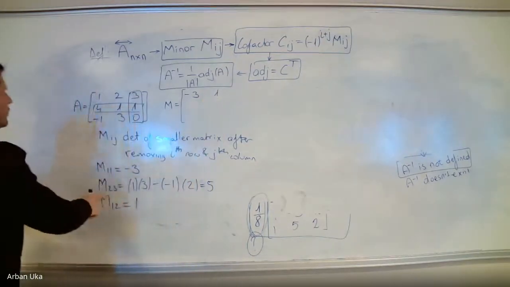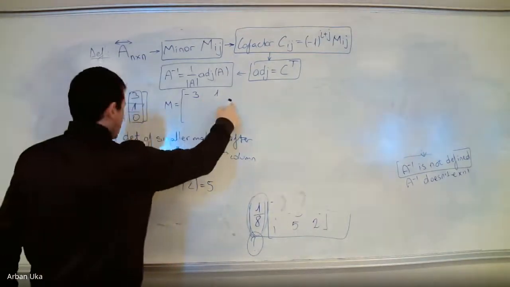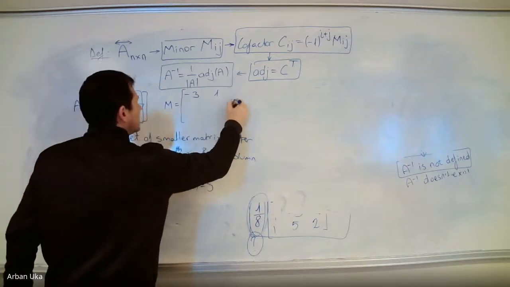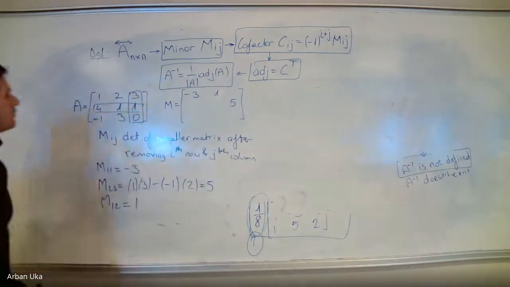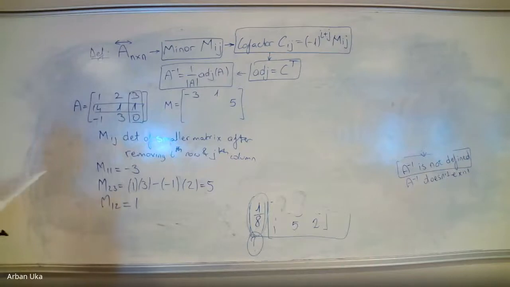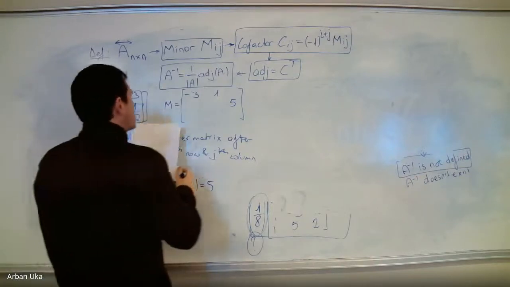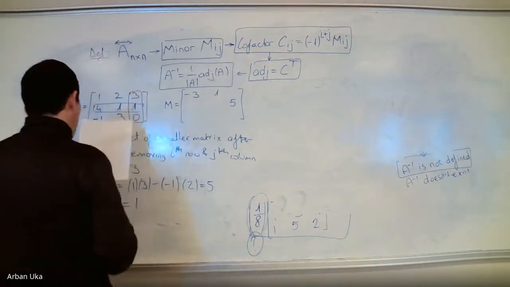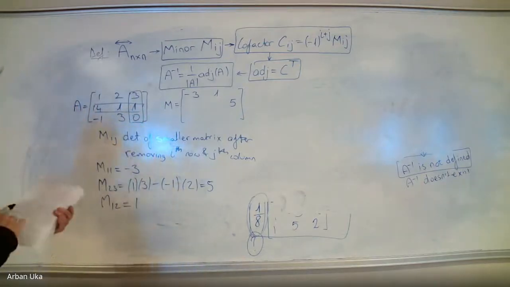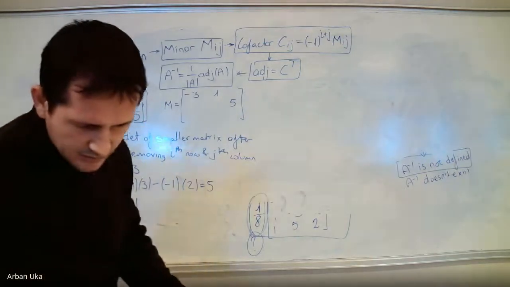Okay. We found M23, which is going to be equal to 5. So we need to find this minor. If you check all the numbers, we are going to get this expression. Actually, it looks like I don't have the numbers here.